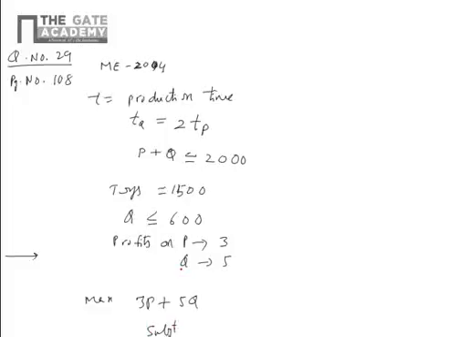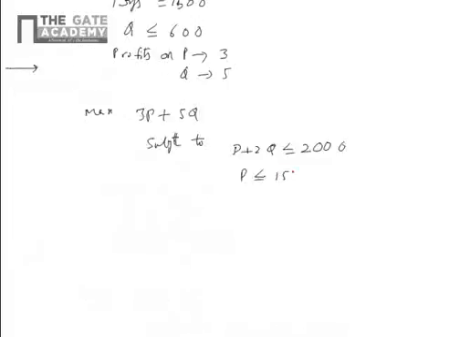Whatever he has given are the constraints, time constraint: subject to P plus 2Q less than or equal to 2000, P is less than or equal to 1500, Q is less than or equal to 600. Why have we taken 2Q?